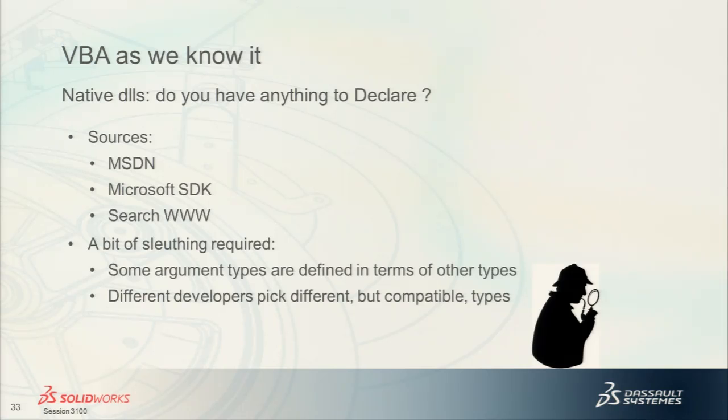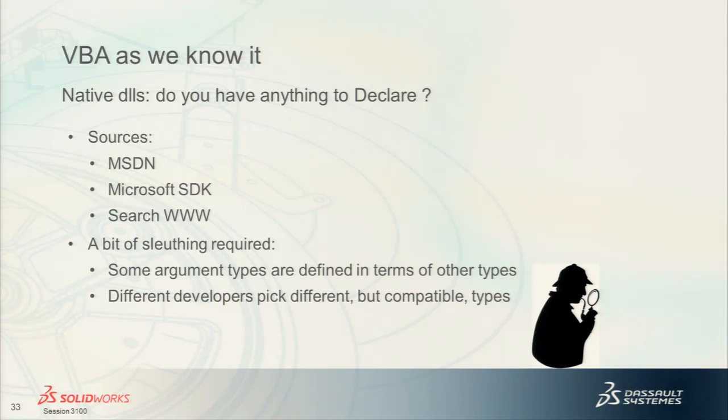Okay. So where do you go to find these functions you want to use? Well, the biggest source of information, of course, is the Microsoft Developer Network. All their functions are online. If you don't want to go online, and you have the Microsoft SDK, all the include files will be on your disk, and they're also a great source of information. Just to find out what the functions are and what their arguments are.